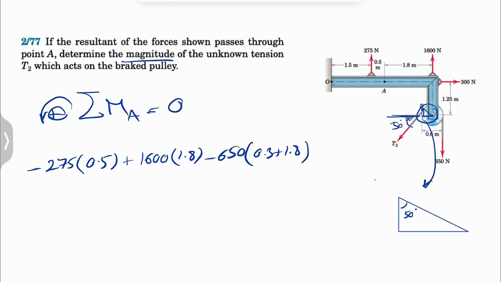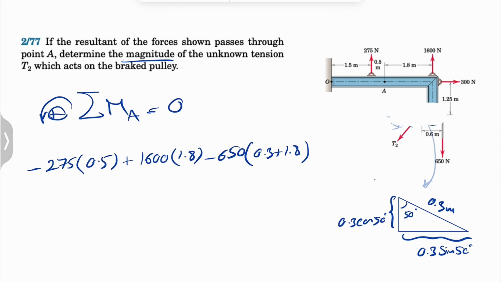The hypotenuse of these right triangles is basically the radius of the pulley, which we figured out is 0.3 meters, and we need these two sides. It's pretty straightforward: hypotenuse cosine of 50 degrees for this one, and hypotenuse sine of 50 degrees for the other one. Now that we have this, we can resolve this force at that point.